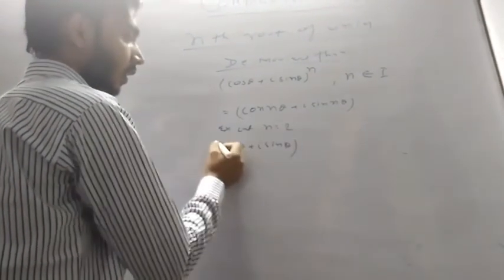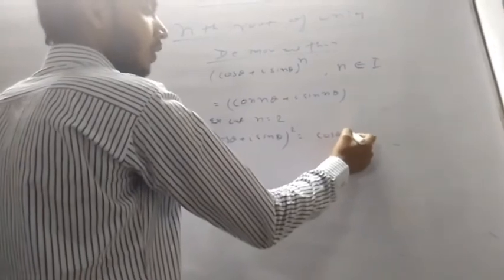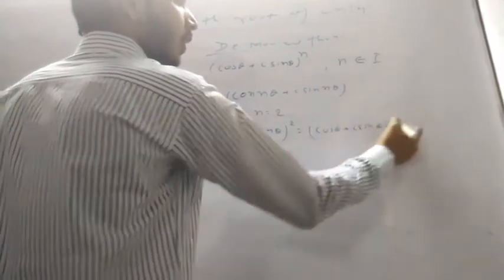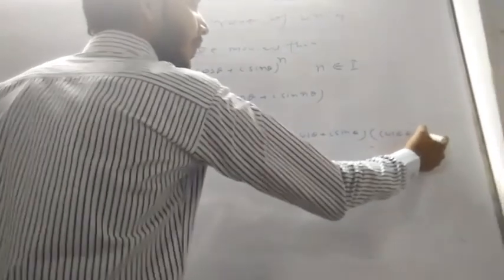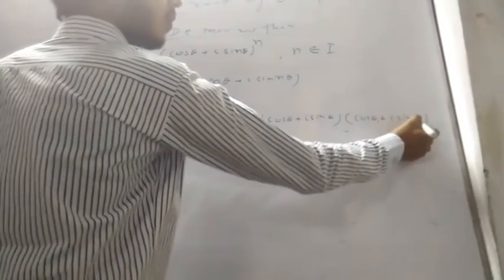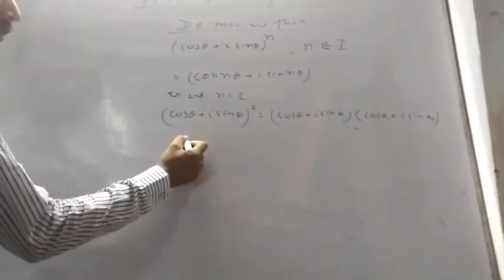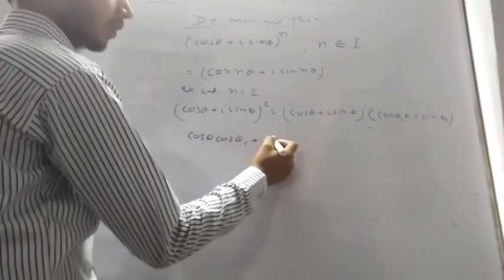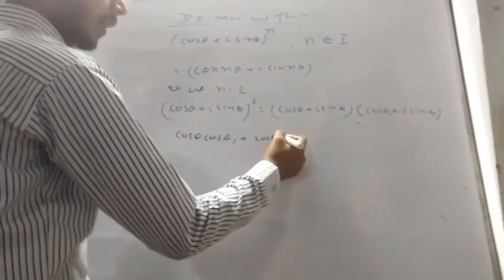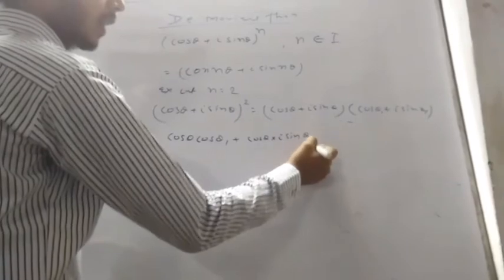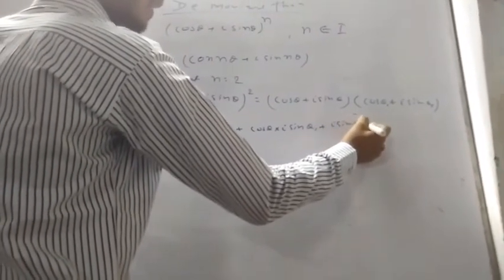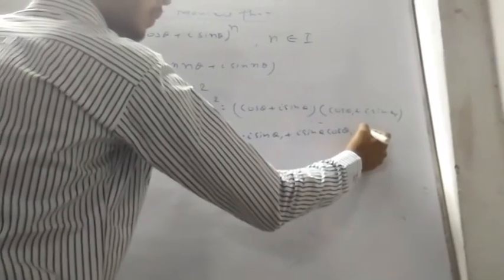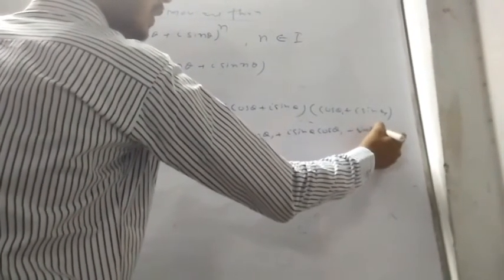sin theta)^2 is equal to (cos theta + i sin theta) into (cos theta + i sin theta). Cos theta multiplied by cos theta, plus cos theta into i sin theta, plus i sin theta into cos theta, minus sin theta squared.